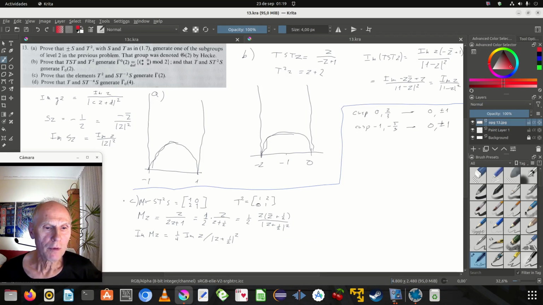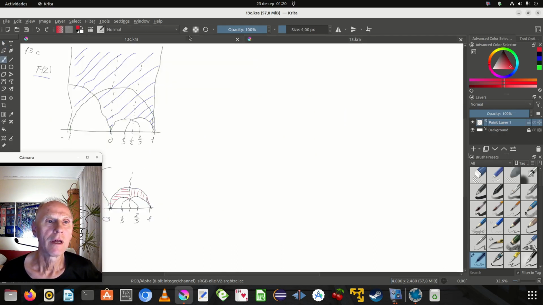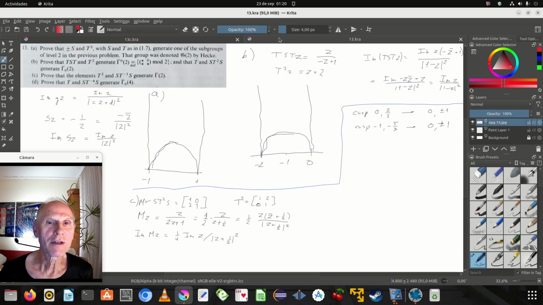The first problem was that I wanted to be able to change the fundamental domain to one of the two unit circles with center -½ and +½ and then map it to the upper part here.